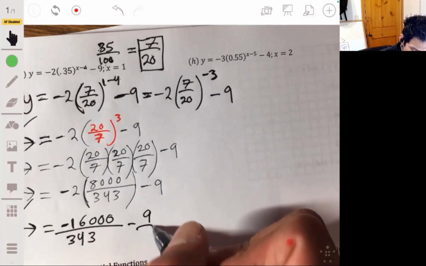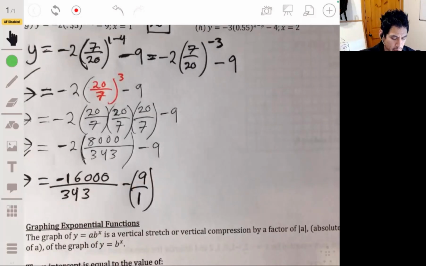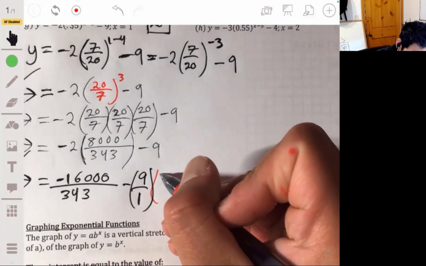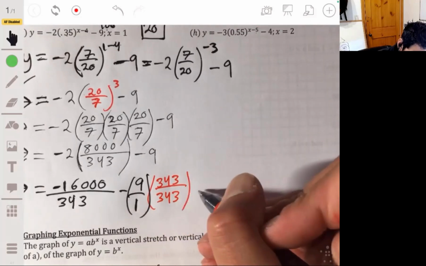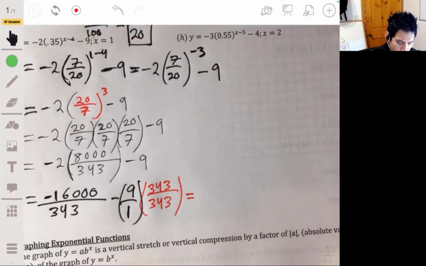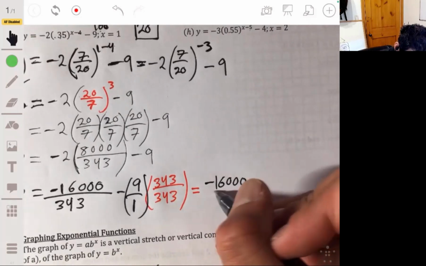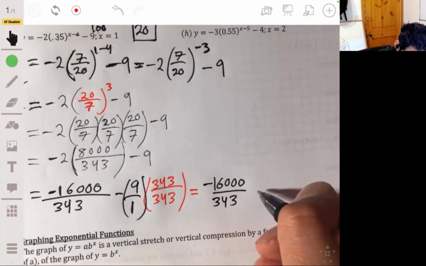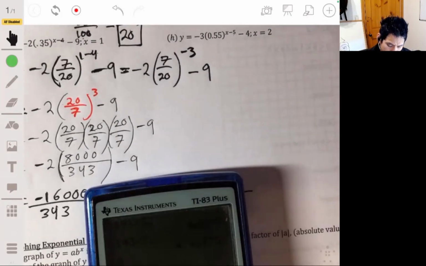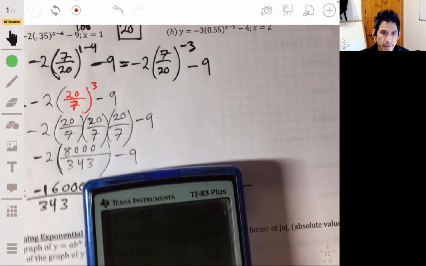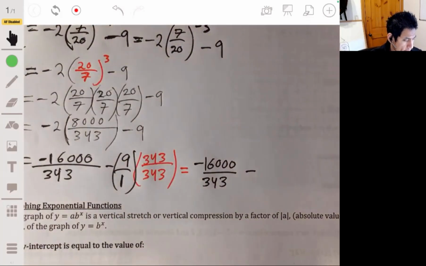This 9 is the same as 9 over 1. And so to combine it, we're going to multiply by 343 over 343, which is equal to negative 16,000 over 343 minus the 9 times 343 only on top. 9 times 343. Again, I don't know why it's so dark there. 3,087.